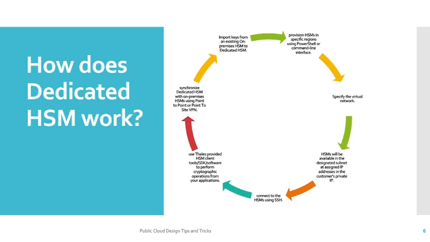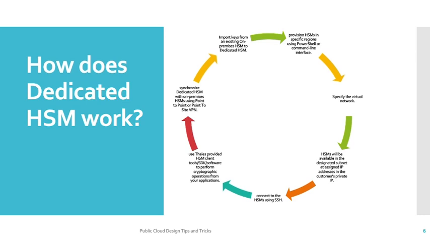Only via the private IP will you be able to connect to the dedicated HSM, and the connectivity pattern is SSH mode. When you want to connect to the dedicated HSM from your application, you can use the HSM client tools, SDKs, or software provided by the Thales provider.